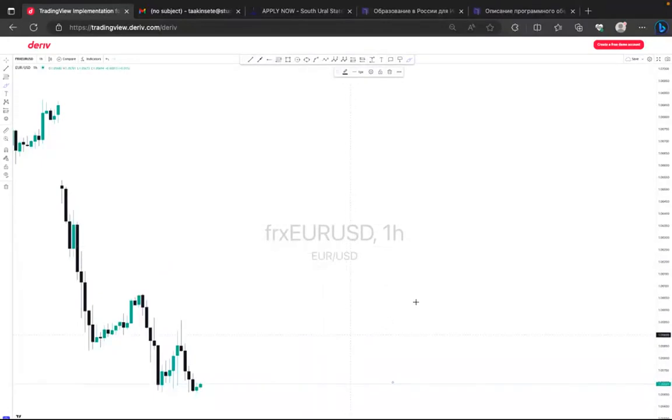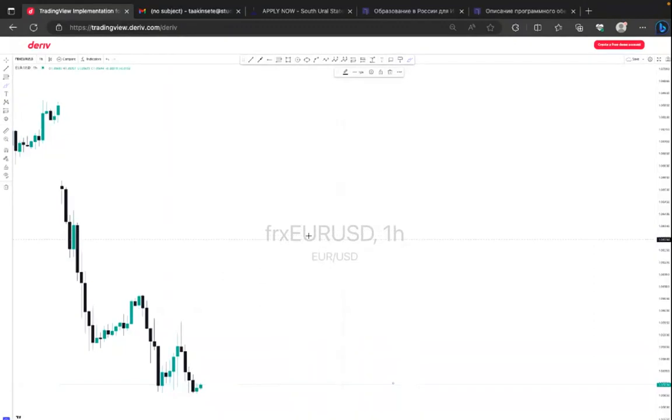Now, if the reverse is the case, and maybe it was the Euro that had a particular piece of news, and the news was very, very bad, that means the Euro has bad news and the USD has good news. That means the Euro is weaker than USD, which means the USD is greater than Euro.